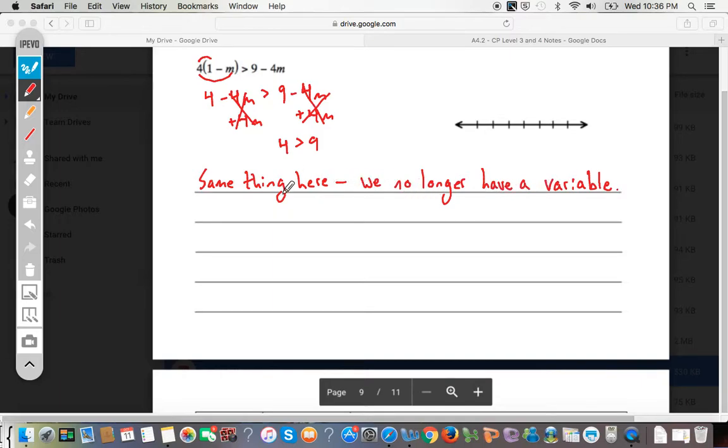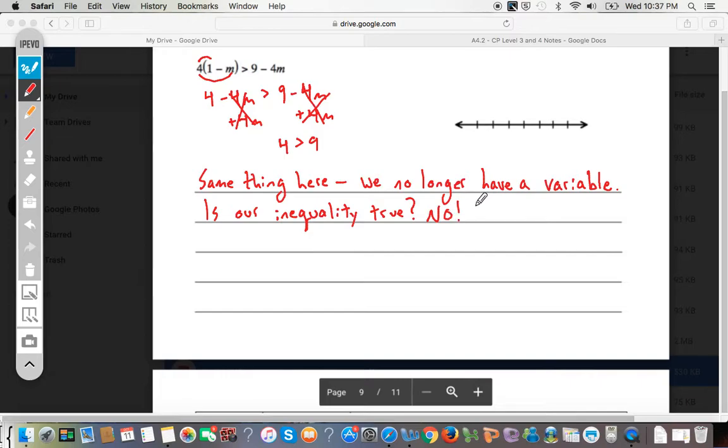Okay, so we'll ask ourselves the same thing we did in the last problem. Is our inequality true? Okay, so is 4 greater than 9? No.